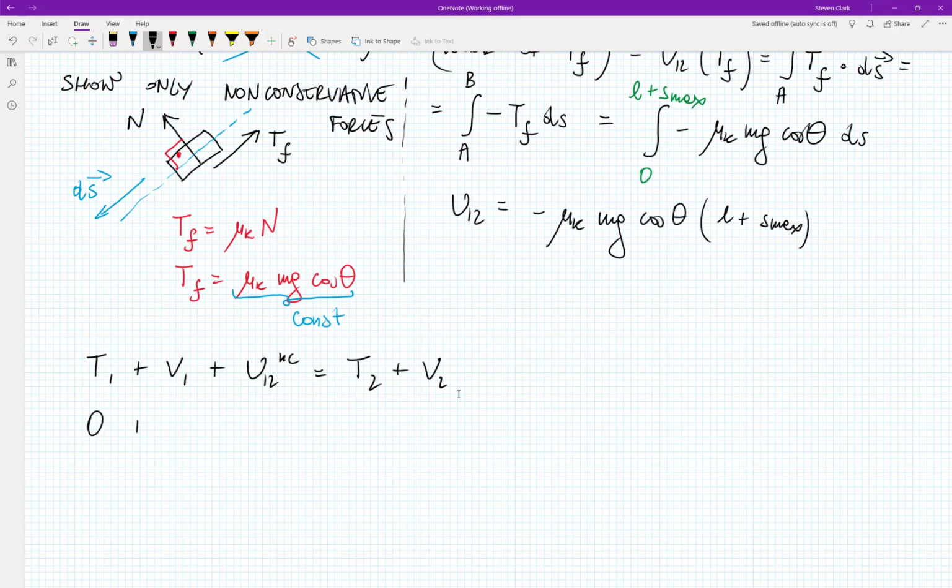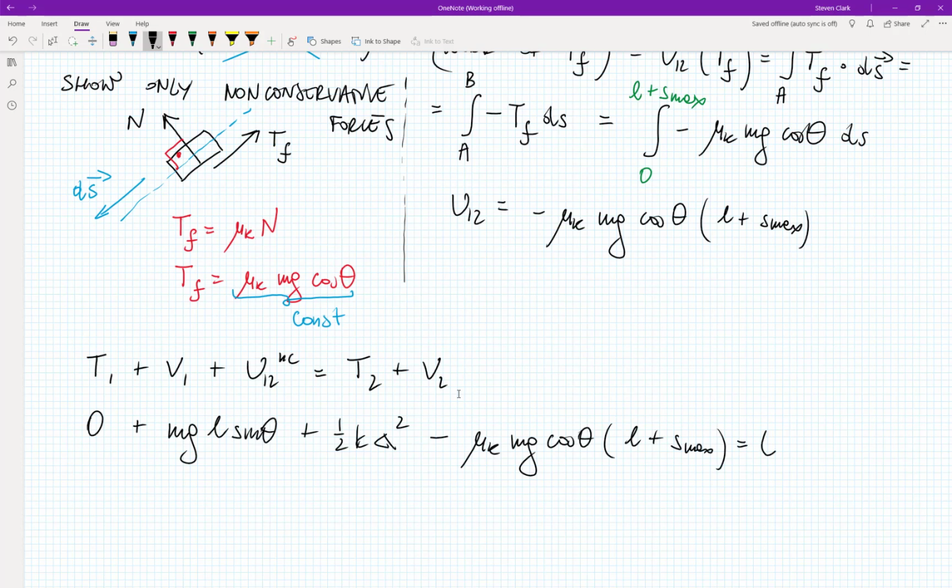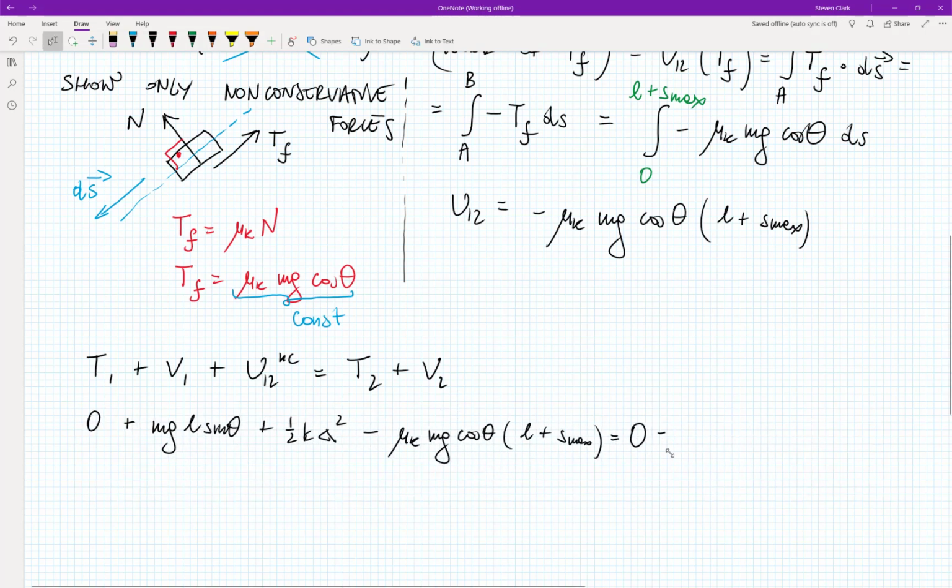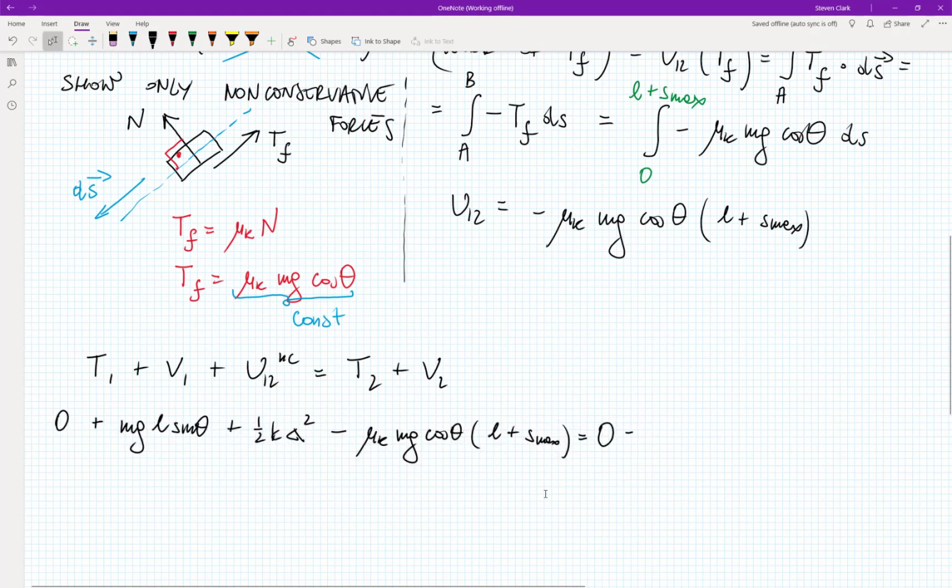If I remember correctly, V1 was mg L sine theta plus 1/2 k delta square, minus the expression we just found, mu k mg cosine theta times L plus S max, and this is equal to 0. Okay, this is too big. I must shrink it a little bit. And what was that? That was minus mg S max sine theta plus 1/2 k delta plus S max square.